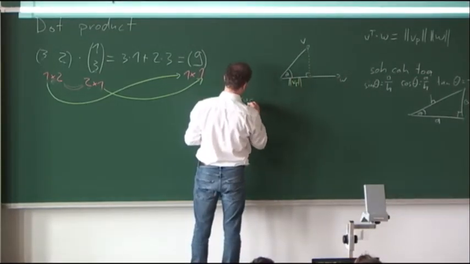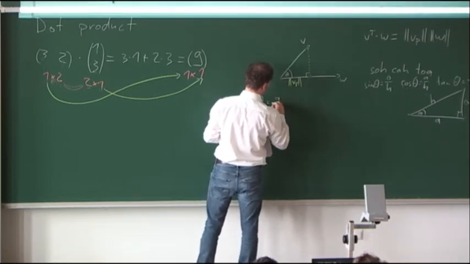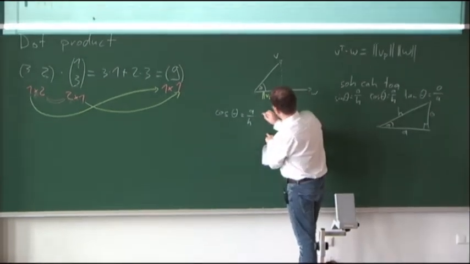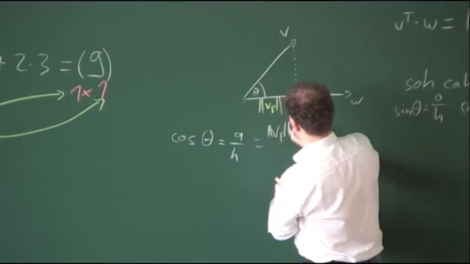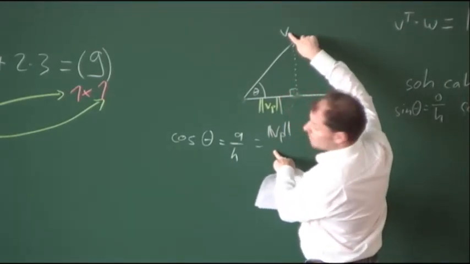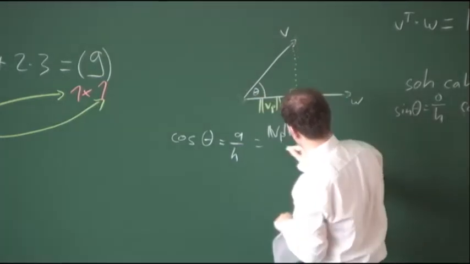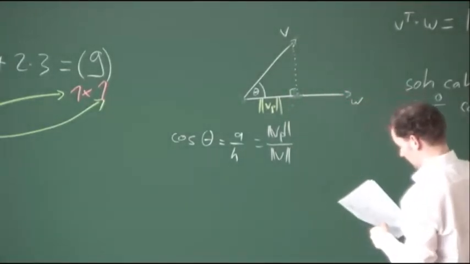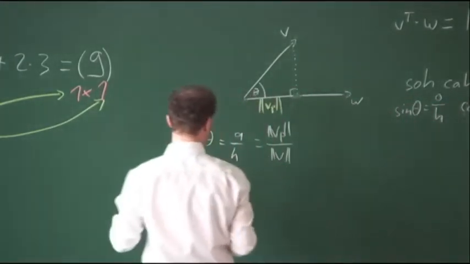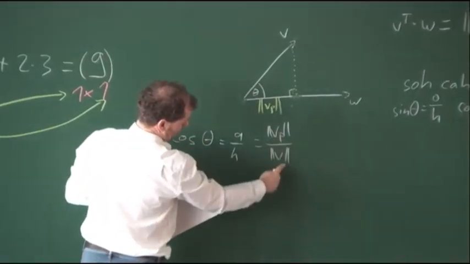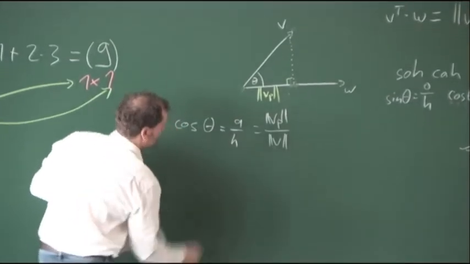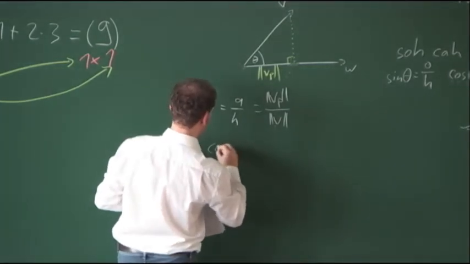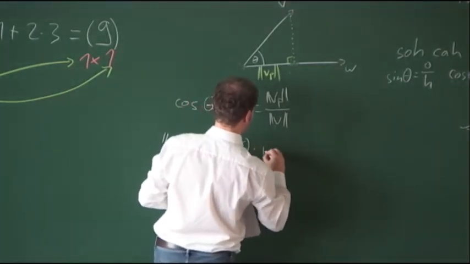In our case, the adjacent to that angle is the length of VP, and the hypotenuse is just the length of V. Now if I multiply by this, I get that the length of this projection is the cosine of the angle times the length of this vector V.